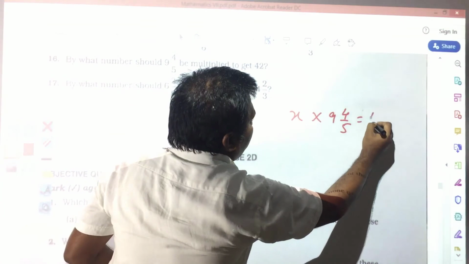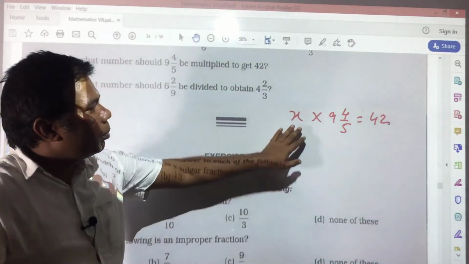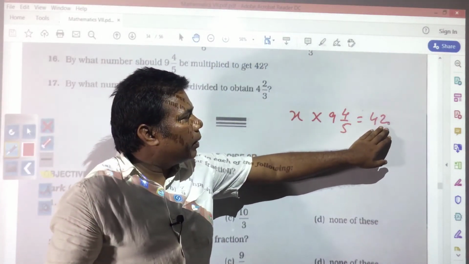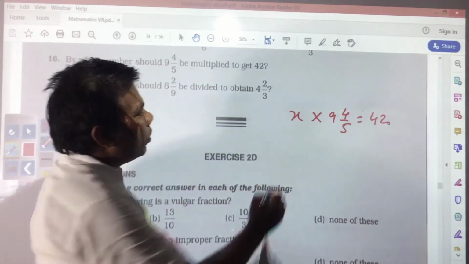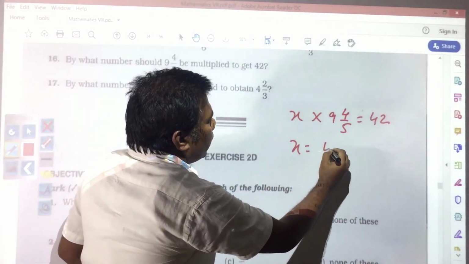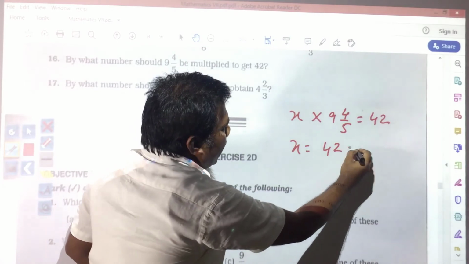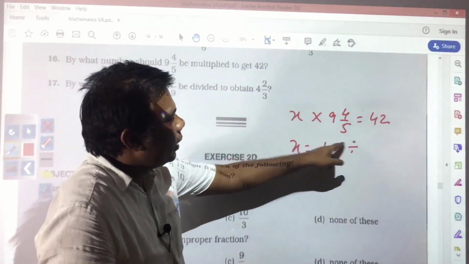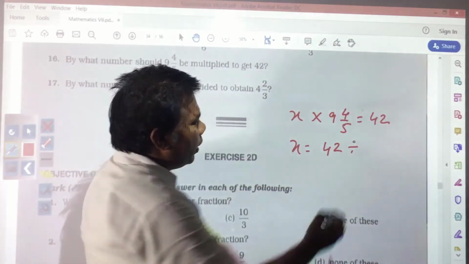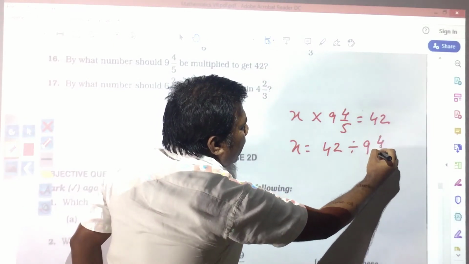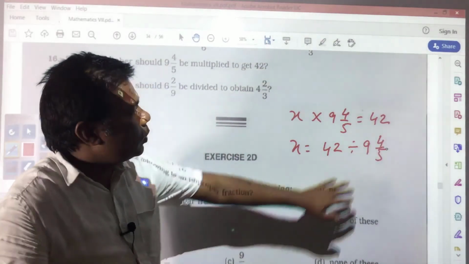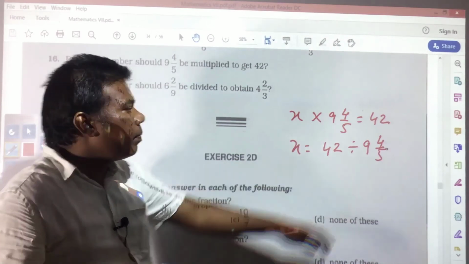Again, two numbers are there, product has been given, this number you need to find out. So, x will be equal to 42 divided by, in denominator it will go, 9 whole 4 by 5. So, this you simplify, you will get the answer.